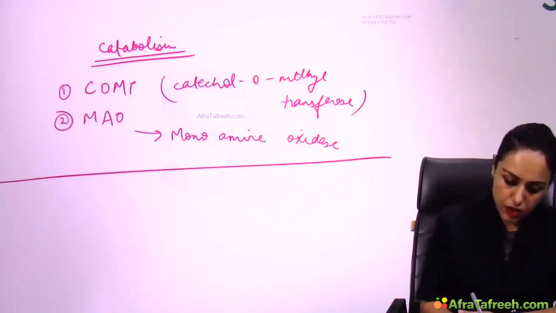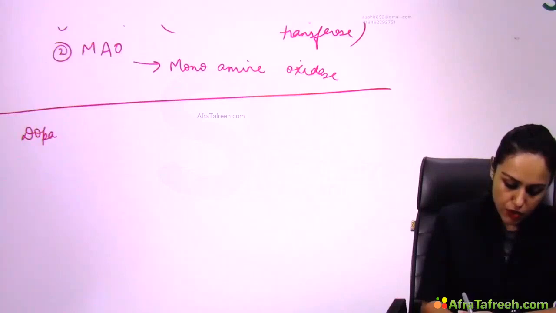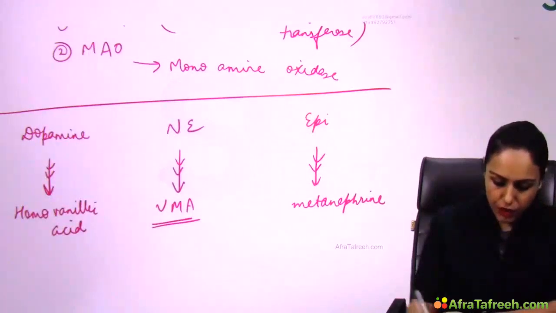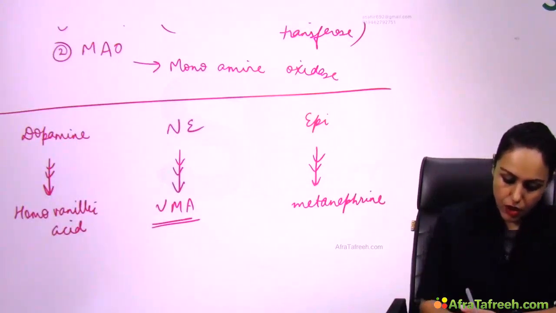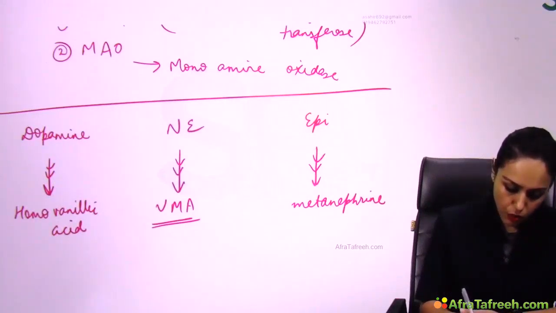One thing important here is in catabolism, you have to learn the catabolic end products of these catecholamines. See here, the first one is dopamine, then norepinephrine, then epinephrine. The catabolic end product of dopamine is homovanillic acid.